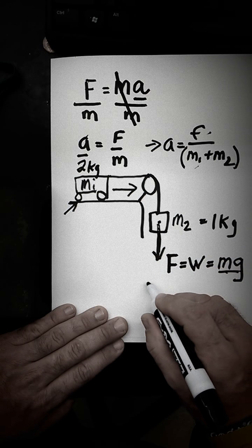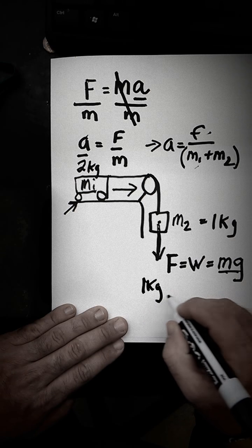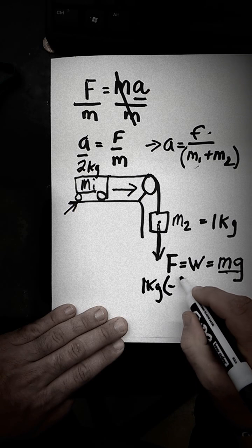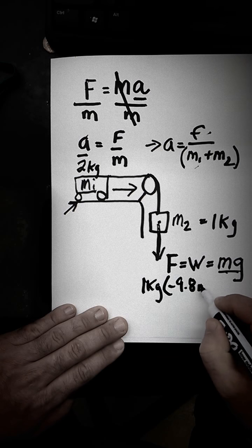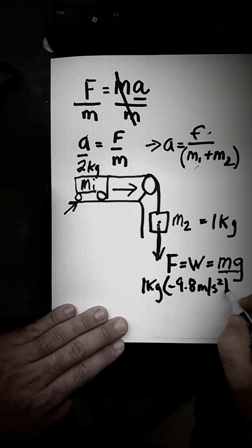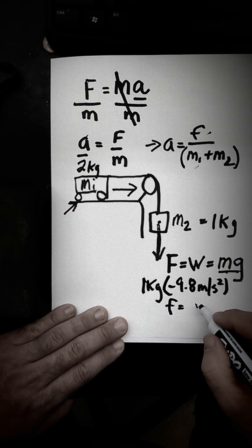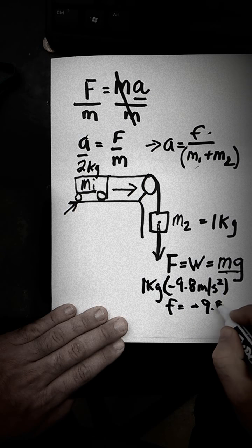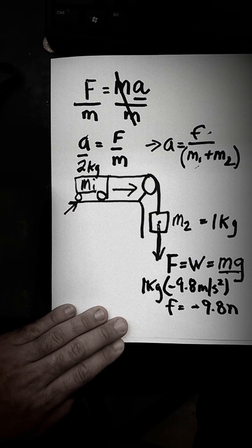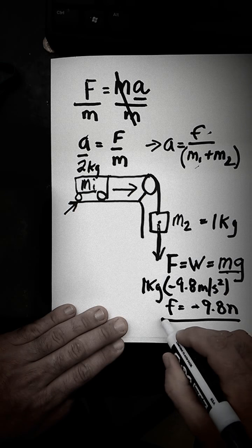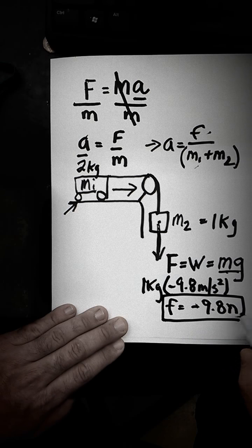So if that's 1 kilogram times gravity, okay, the answer for the force here is going to be negative 9.8 newtons. Okay, so that's the force that we found that's pulling on this system.